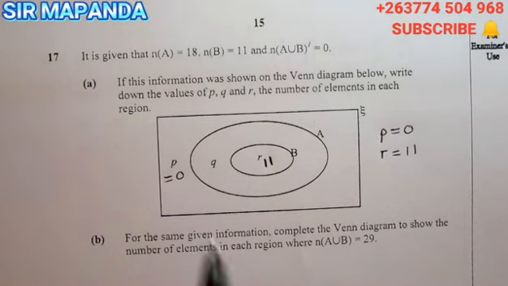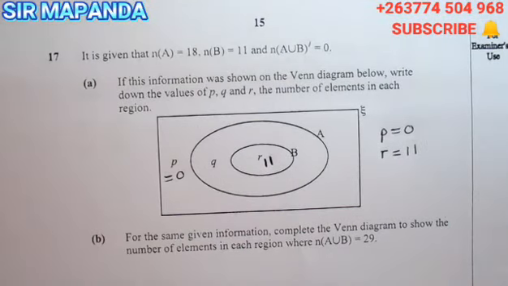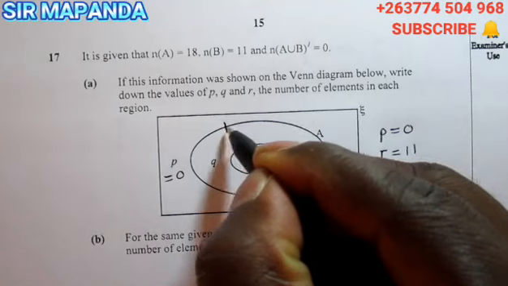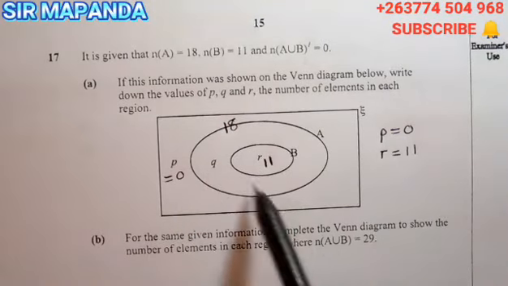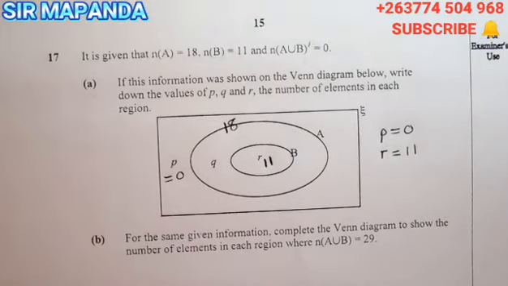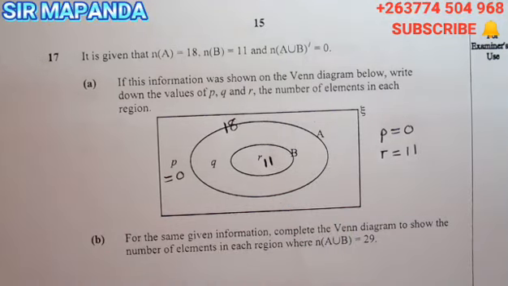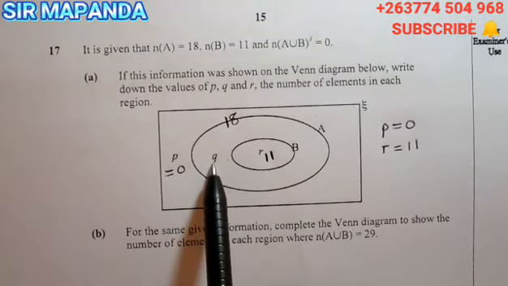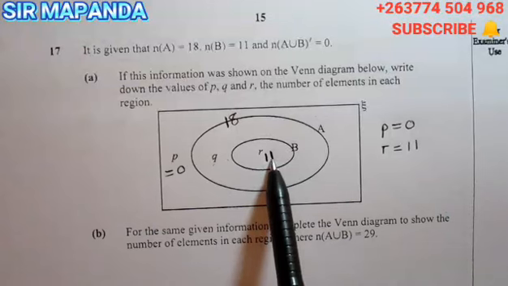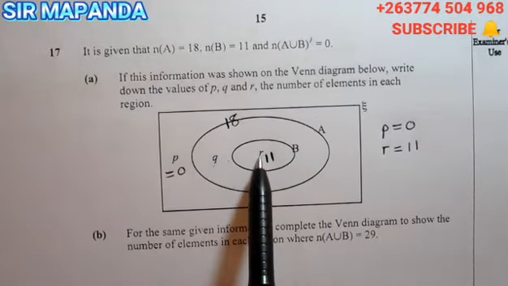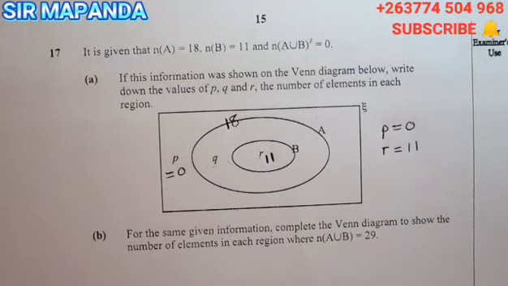Right. Then, n(A) is equal to 18. So, for 18, you do not write the 18 inside, but you write the 18 on the circumference of the set. Why? Because 18 covers everything inside the circle A, including B. So if you take Q, add Q with 11, you must have a sum of 18, since 18 covers both R and Q. I hope you are listening, class.